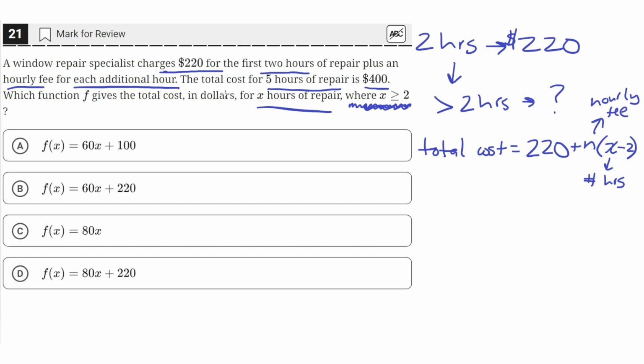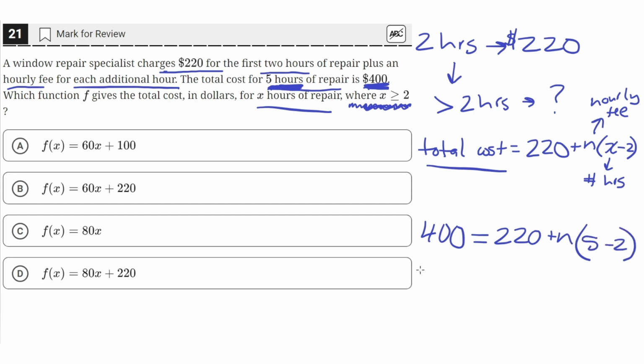So we can use the information that the total cost for 5 hours of repair is $400 to solve for n. So the total cost was 400, so we'll substitute that in for the total cost. So 400 equals 220 plus n times (5 minus 2), since we spent 5 hours on the repair job. So then we can simplify this to 400 equals 220 plus 3n.